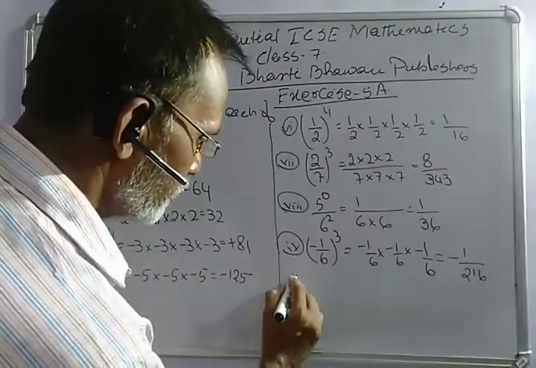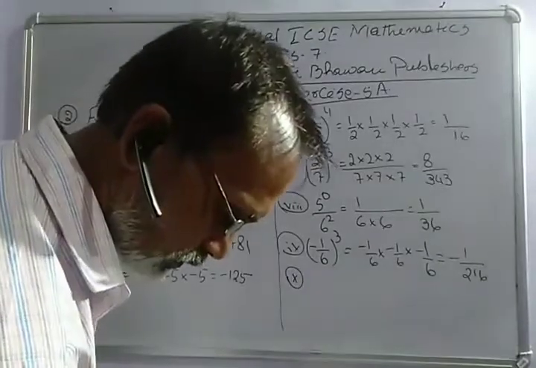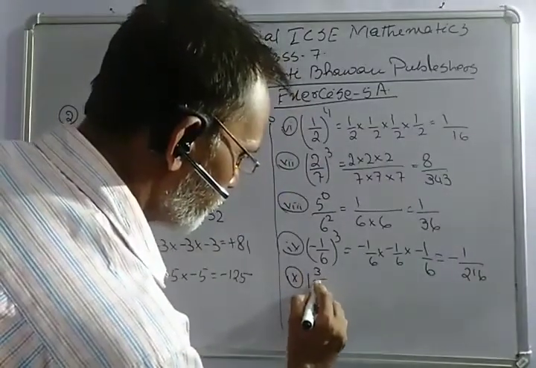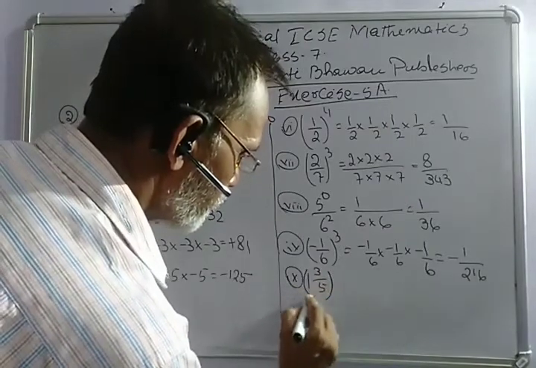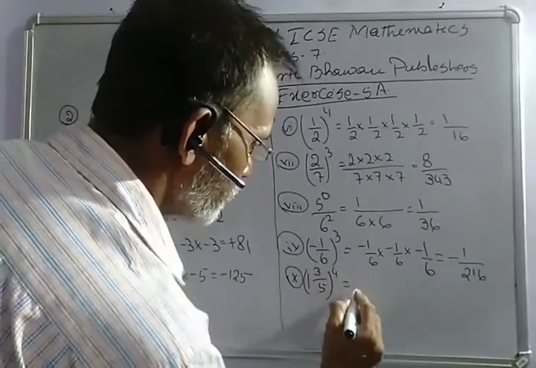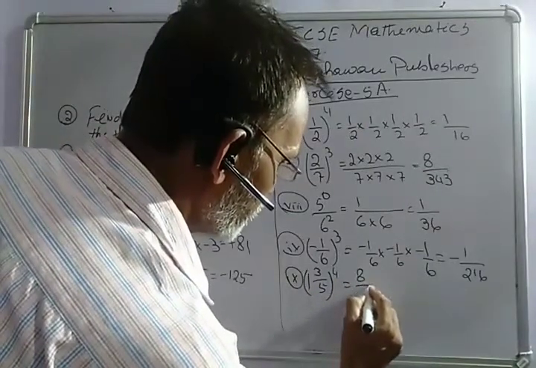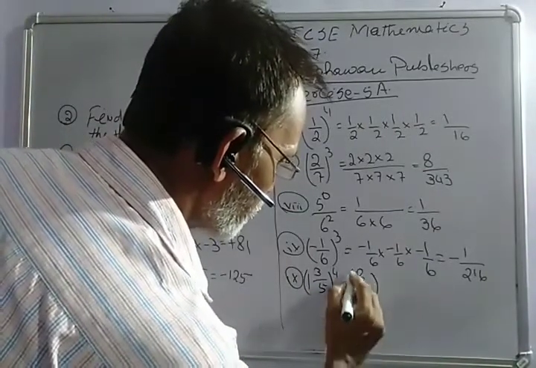Number 10. 1 whole 3 by 5 to the power 4. So this is equal to 5 ones are 5 plus 3, 8 by 5, to the power 4.